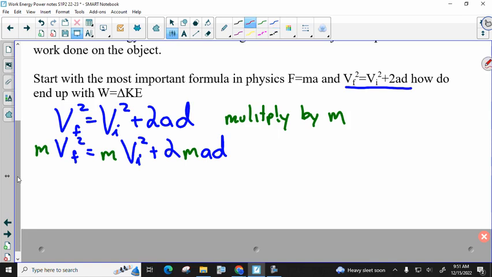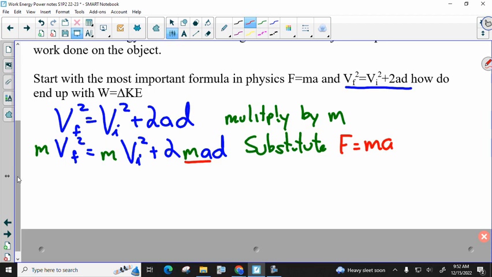Now I'm going to notice that I'm going to substitute F equals ma.